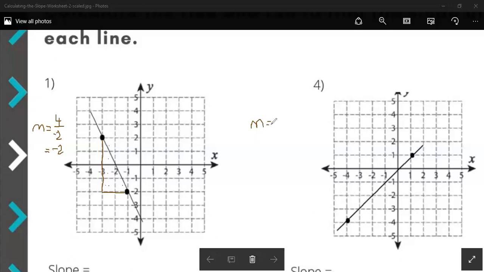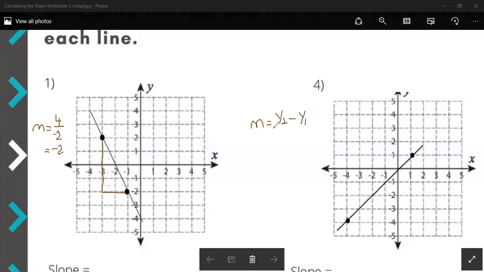And the rise is our y values, right? Because the y values are the ones that are going in the vertical. So we have y2 minus y1, which is our rise, rising up.